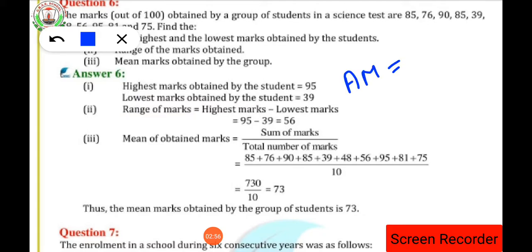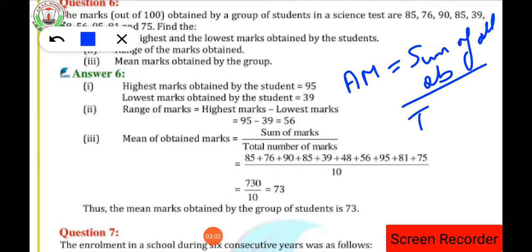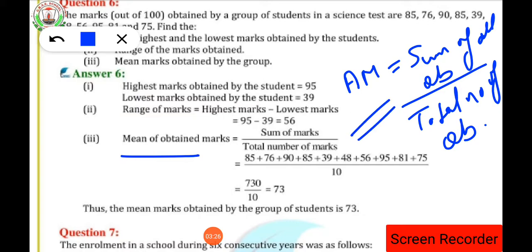It is equal to sum of all observations upon total number of observations. The words of the formula depend on the necessity of the question, but the meaning of the formula remains the same. So the mean of the obtained marks is equal to sum of marks upon total number of marks. Both the formulas are the same.